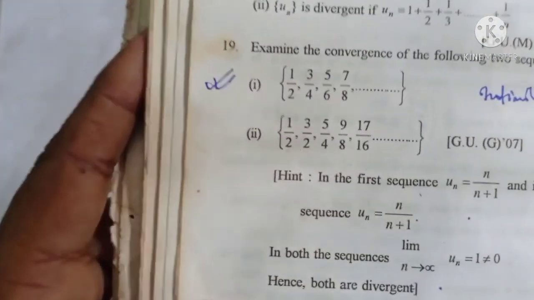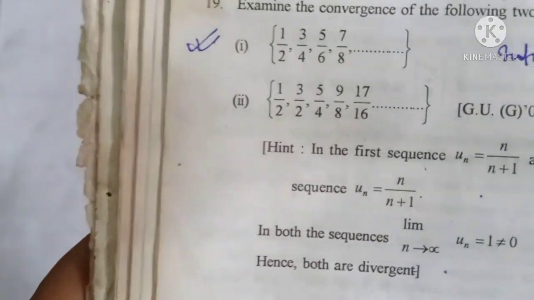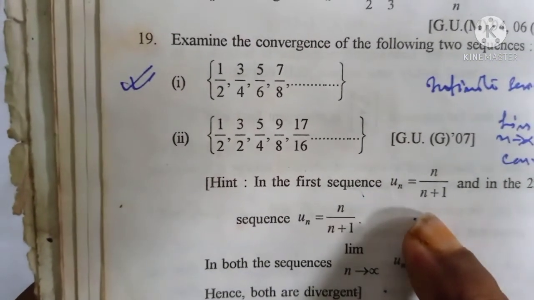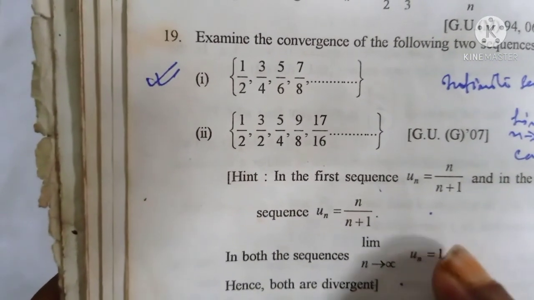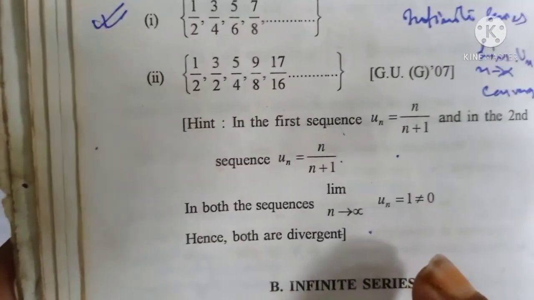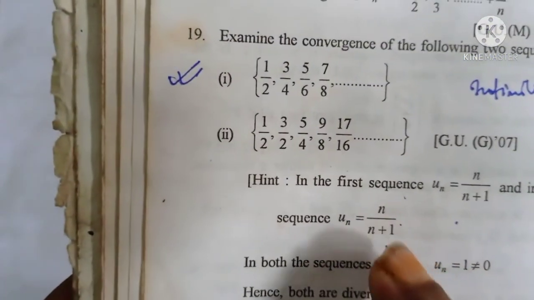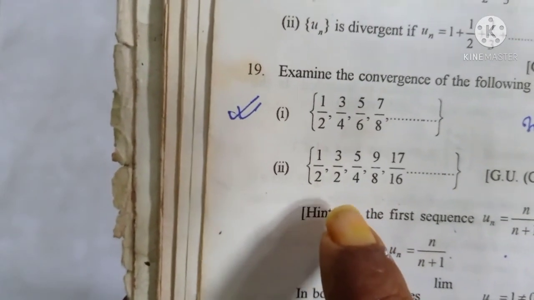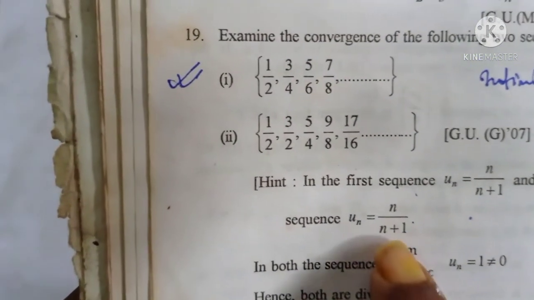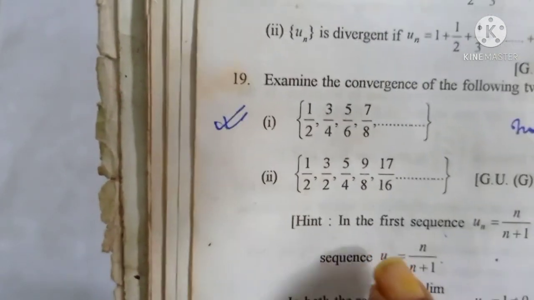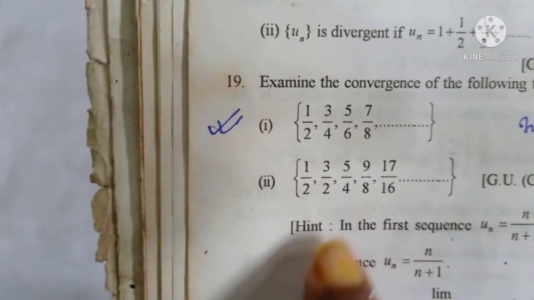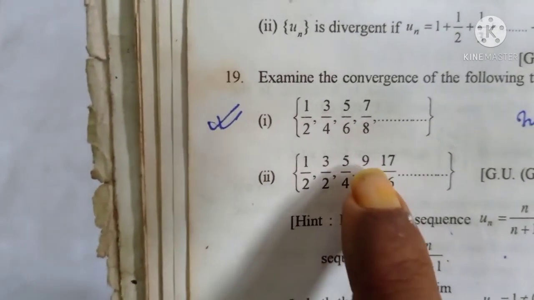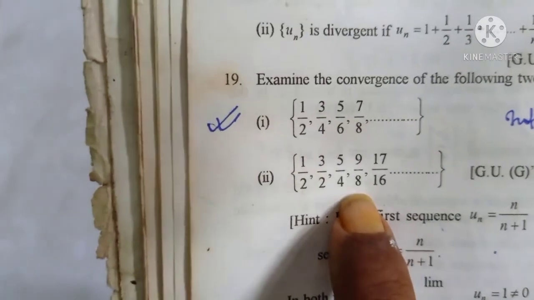Here it has given a hint, that is, the nth term is n by n plus 1, and in the second case also it is given that the nth term is n by n plus 1. But if you see your second series, the nth term is not n by n plus 1, because your numerator is greater than the denominator.